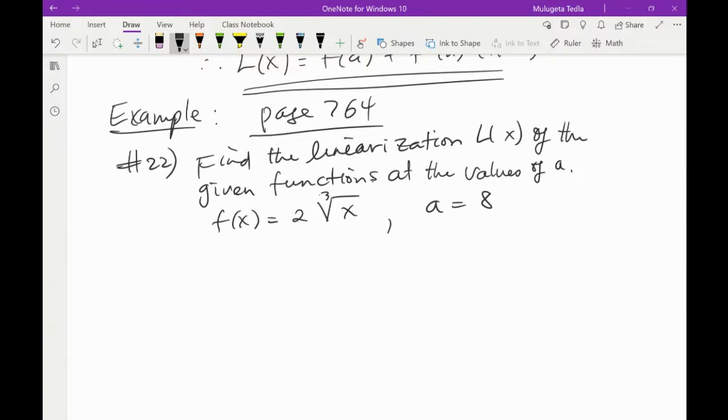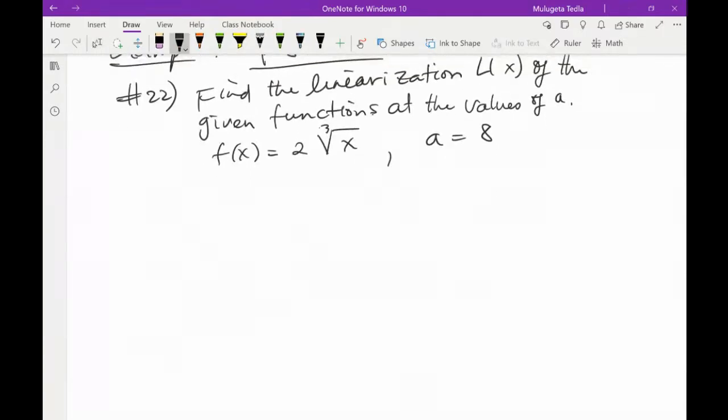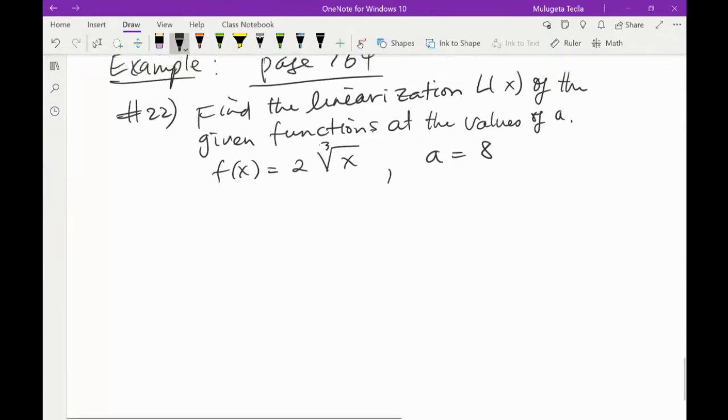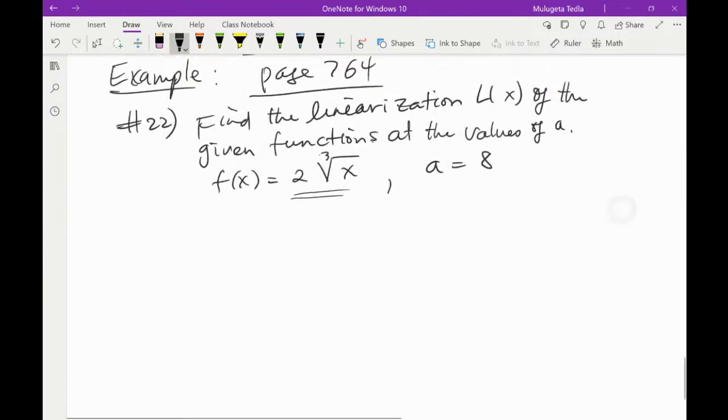If that is a cubic function, no, it is a cube root function rather. So I was right. Instead of using the cube root function, we want to use the linear function. So that's what they meant by find the L of x.